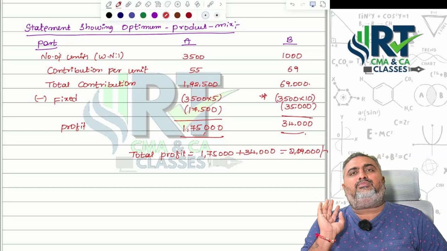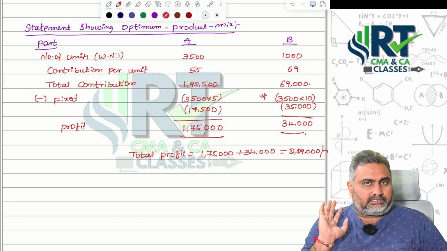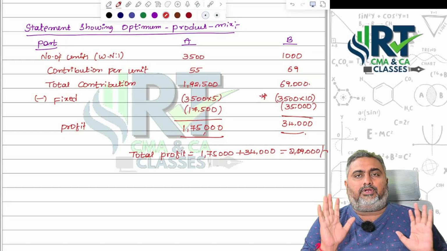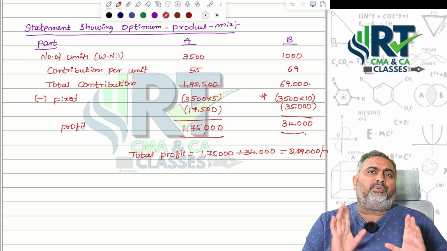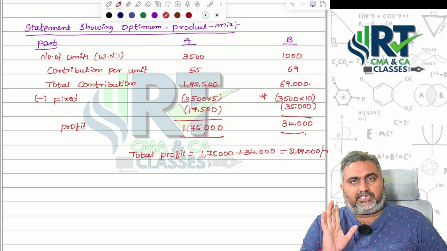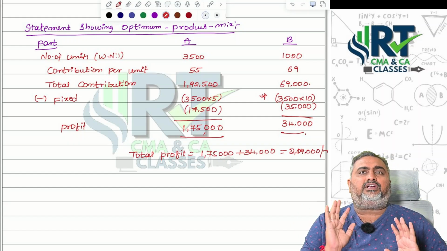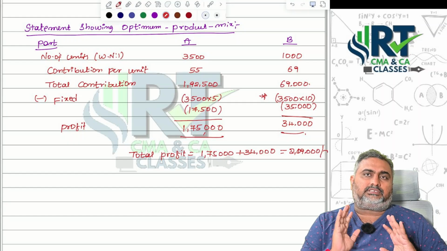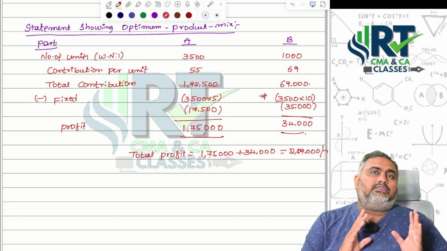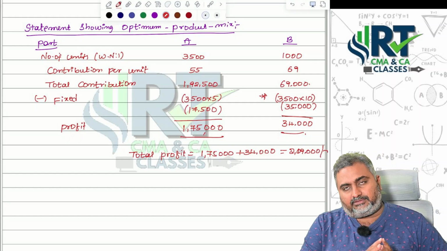What is the balance available with us? 3,000 kgs, only available for B. B, each unit requires 3 kgs. Then how many units can we produce and sell for B based on available resources? 3,000 kgs divided by 3, 1,000 units.